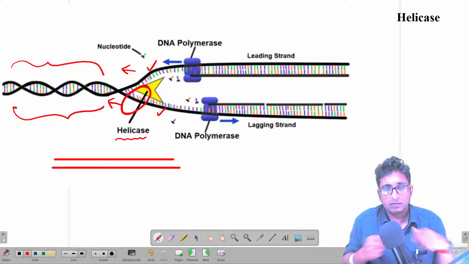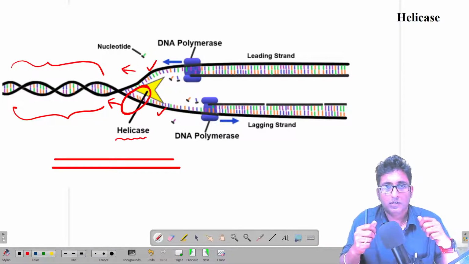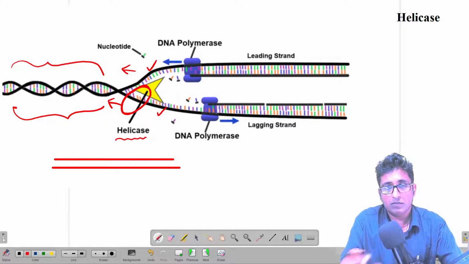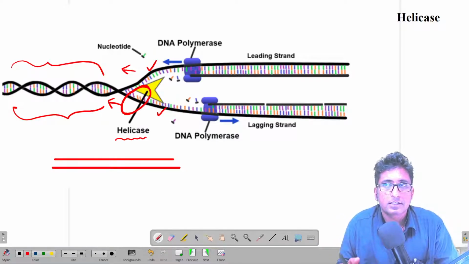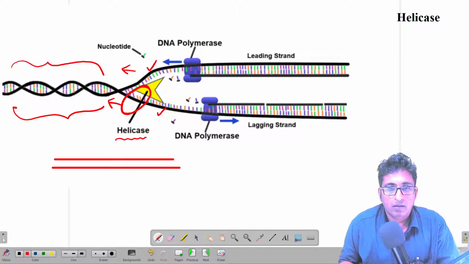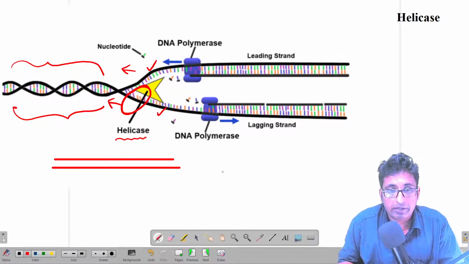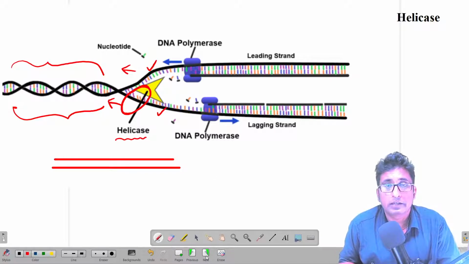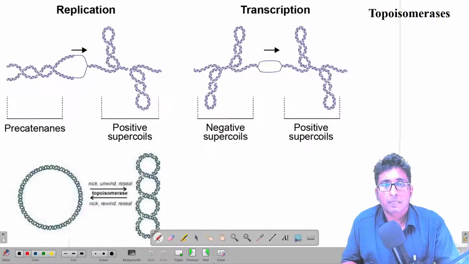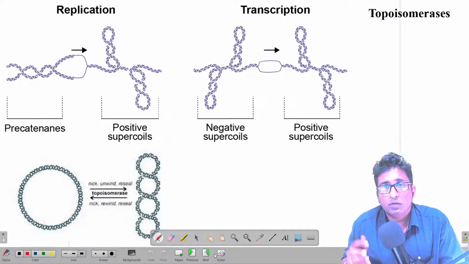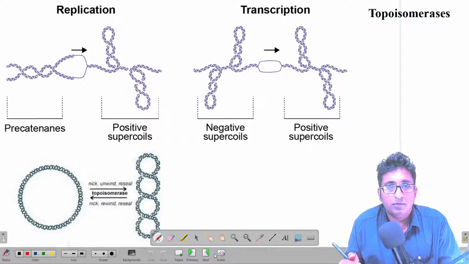If we have a rope and we try to pull, the number of times it overlaps each other increases, the superhelical density would increase, and because of which at one point Helicase will fail to move ahead because the superhelical density is too high. Unless that supercoiling is relaxed, it cannot move further.